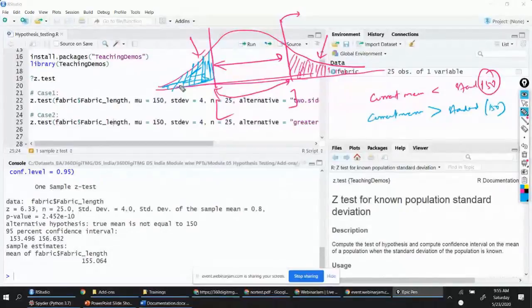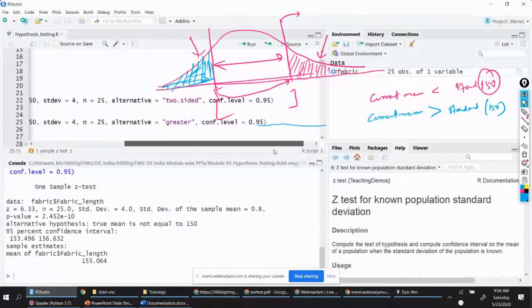So you're saying alternative, the result that we are getting is greater. Okay? Two-sided means the mu can be this side or this side. But the second test that I'm doing is I'm checking that the result is greater than alpha. That means it is falling here. We are verifying everything else remains same. The parameters for the z test, everything else remains same.